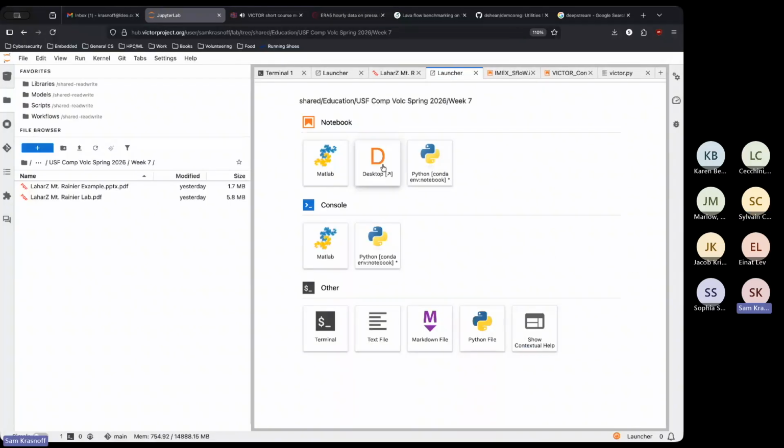Sure. I would say everyone start working and I'll show you. I don't have the Mount Rainier example, but I do have something else that I can show quickly. Sometimes the desktop needs a second.